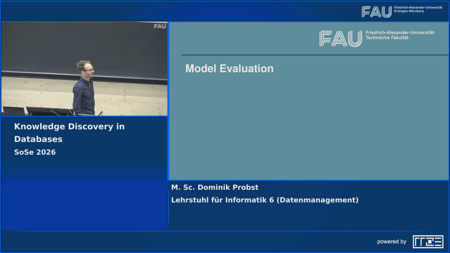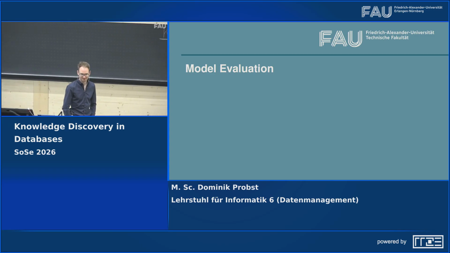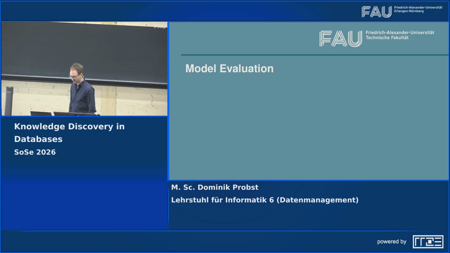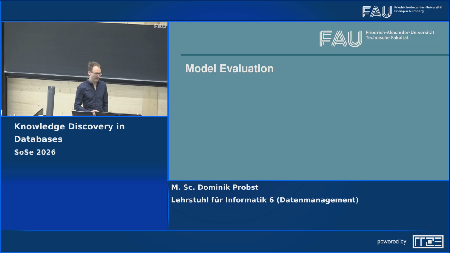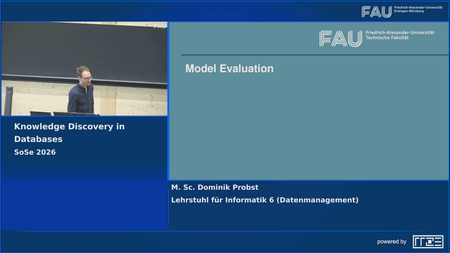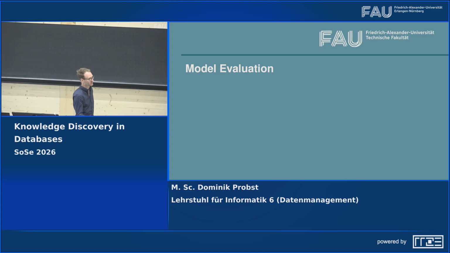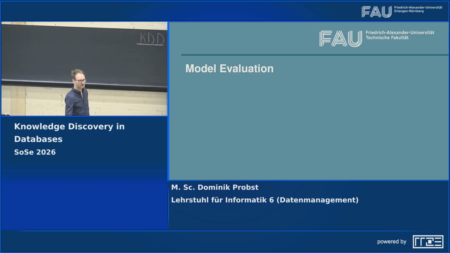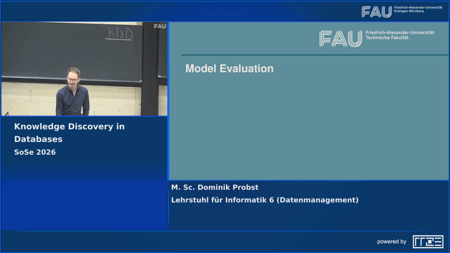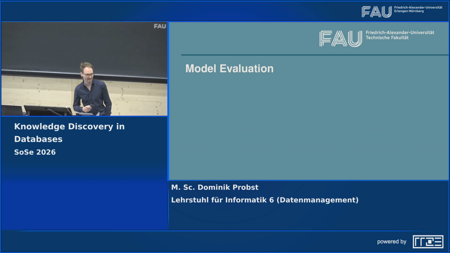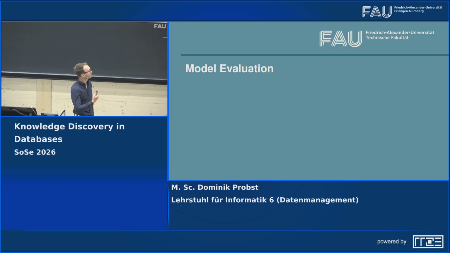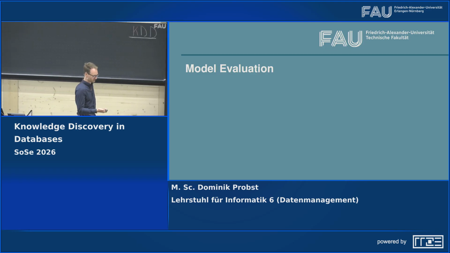That's something that most likely will not happen. In most cases, you will not have a 100% correct model. And you will have to have some way to compare different models, if you train multiple models against one training data set, to see which model performs the best. And for that, you need some evaluation.